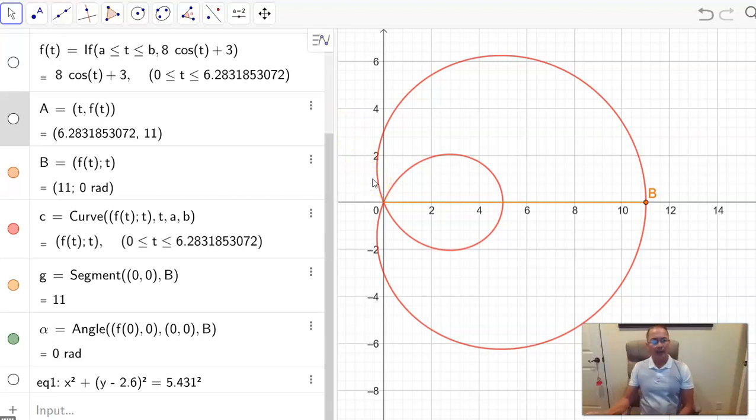Now, here's something smarter. Because we have a cosine there, this curve is clearly symmetric across the x-axis, because we have eyes, we can see it, right? But also because if you plug in negative theta, you get the same thing as cosine theta. So the r over here is the same as the r down here.